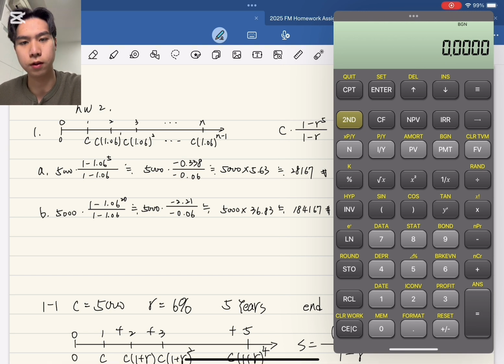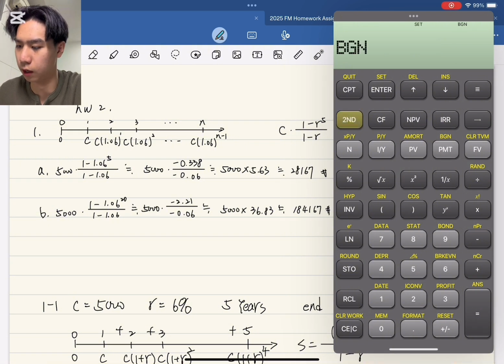Because we receive the money at the end of the years, we need to change to the end mode. Yes, the end mode.